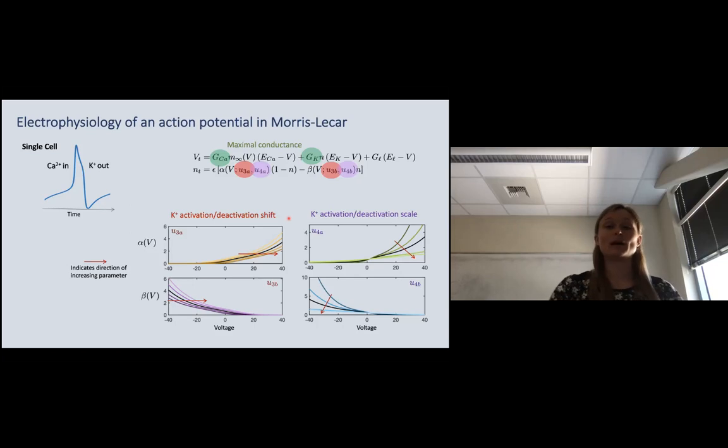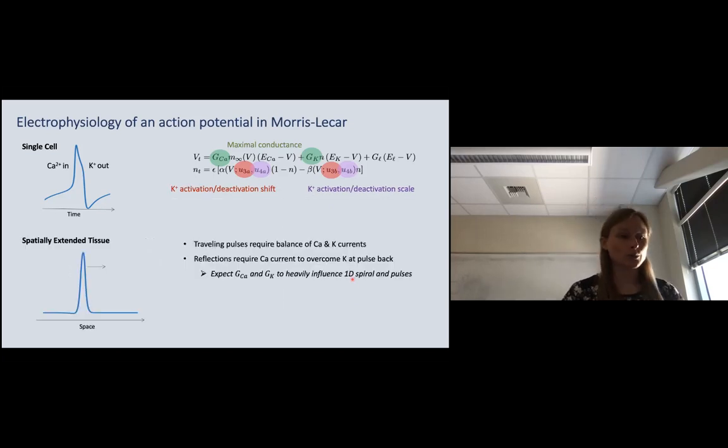Again, I want to remind you that GCA and GK are the maximal conductances that control the strength of those potassium and calcium currents, whereas U3A and U3B act to shift the activation curves, and U4A and U4B act to scale those activation curves. So they change the rate of the activation and the deactivation.